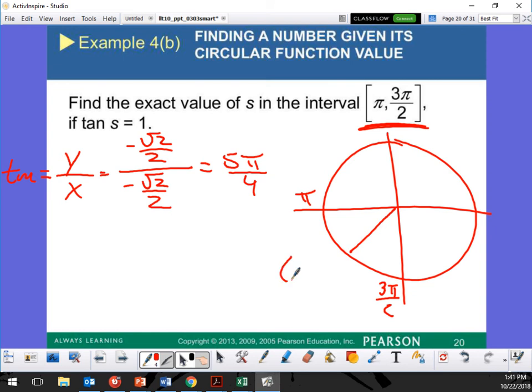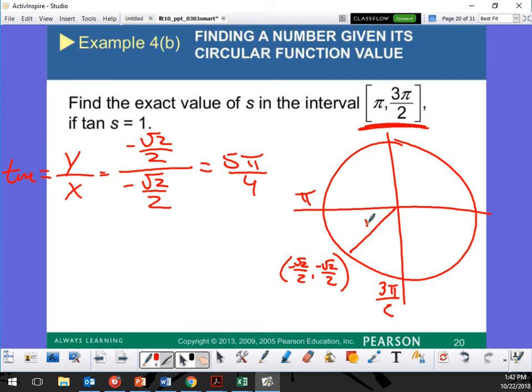How does negative radical 2 over 2 divided by negative radical 2 over 2 equal 5 pi over 4? Okay, so now what we're doing is, you're looking for a location on the unit circle. So it's a different way of measuring it.